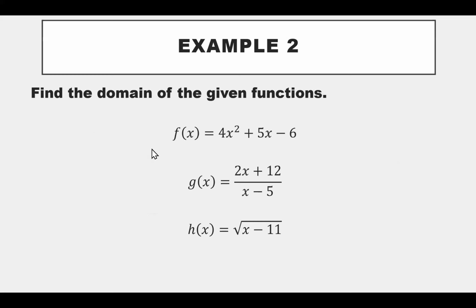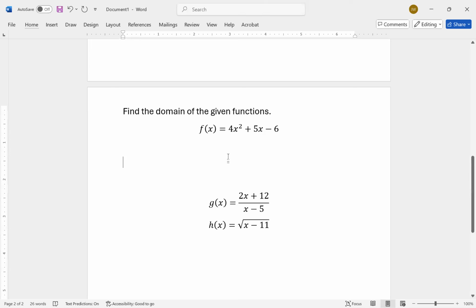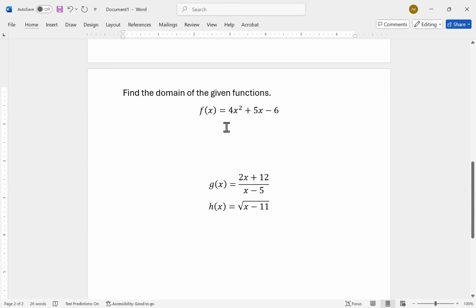So let's take a look at 3 different functions, and let's find the domain of these 3 different functions. What can we plug in? In this first function, we have f of x equals 4x squared plus 5x minus 6.